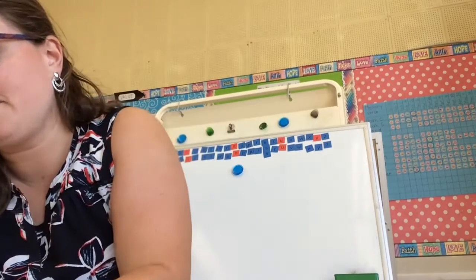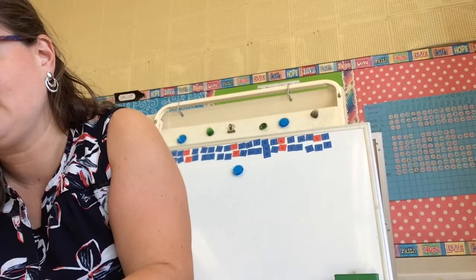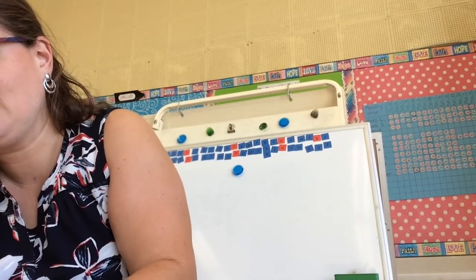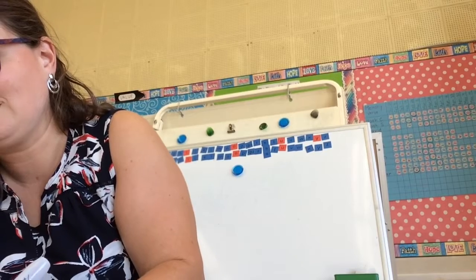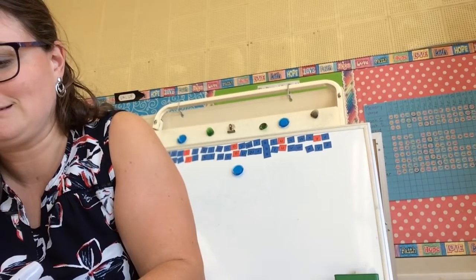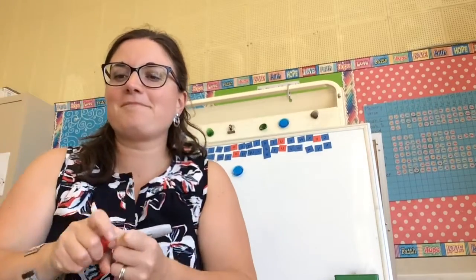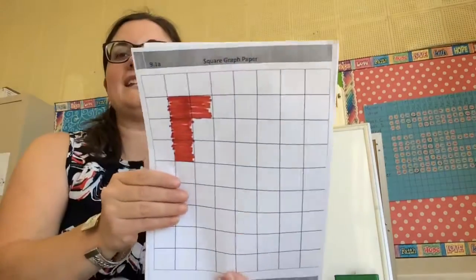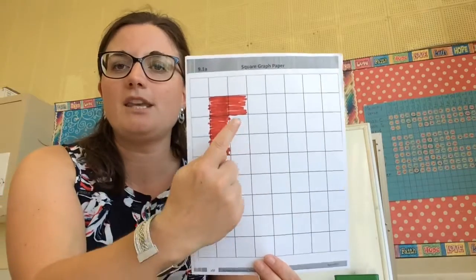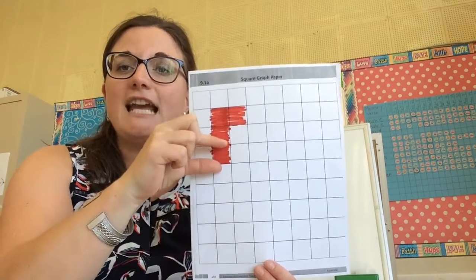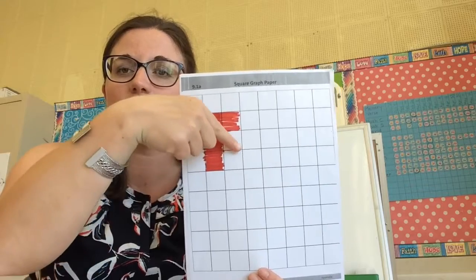So I'm gonna color in mine. Okay, so here is my shape. I used 4 squares, 1, 2, 3, 4, and they're touching along the side, not just a corner.